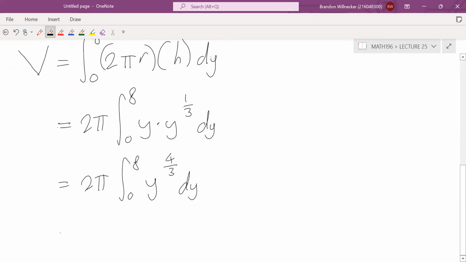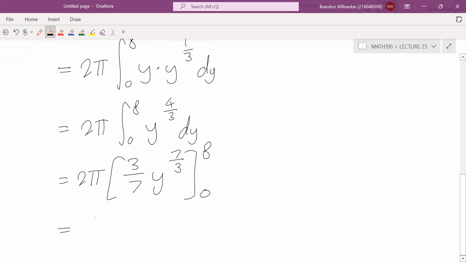Okay, so simple power rule now. So that's 2 pi. We add 1 to the exponent to make it 7/3. Dividing by 7 over 3 is the same thing as multiplying by 3 over 7. And then we have y to the 7 over 3, going between 0 and 8.